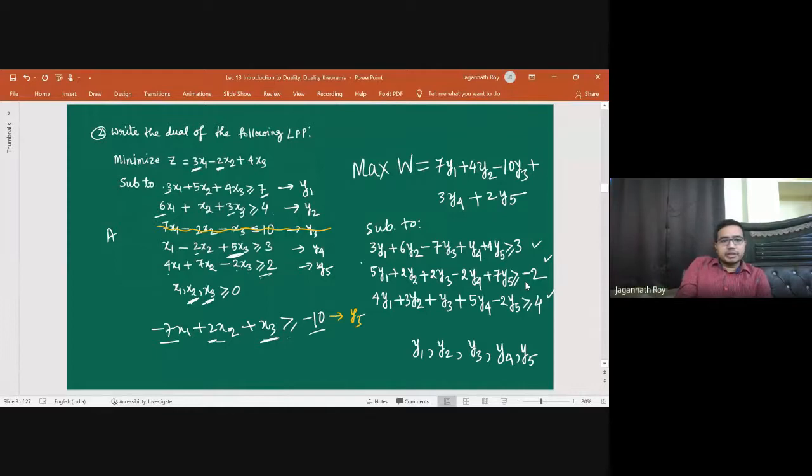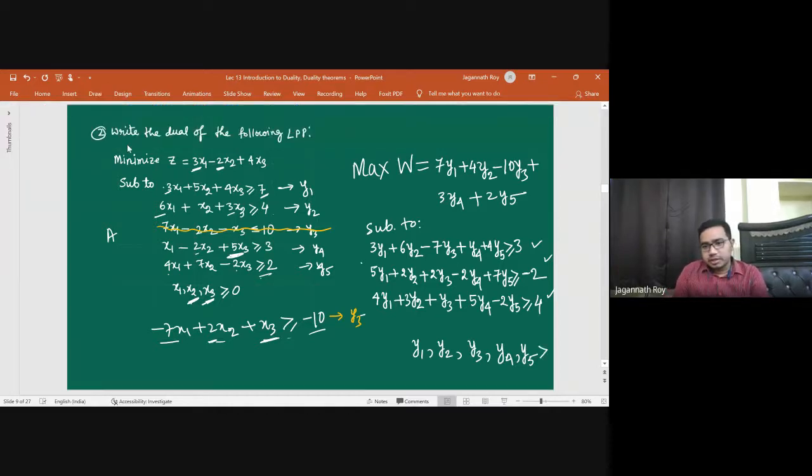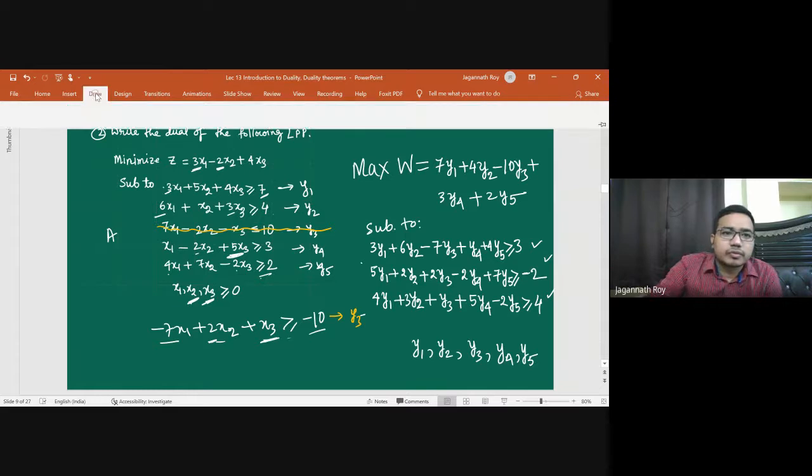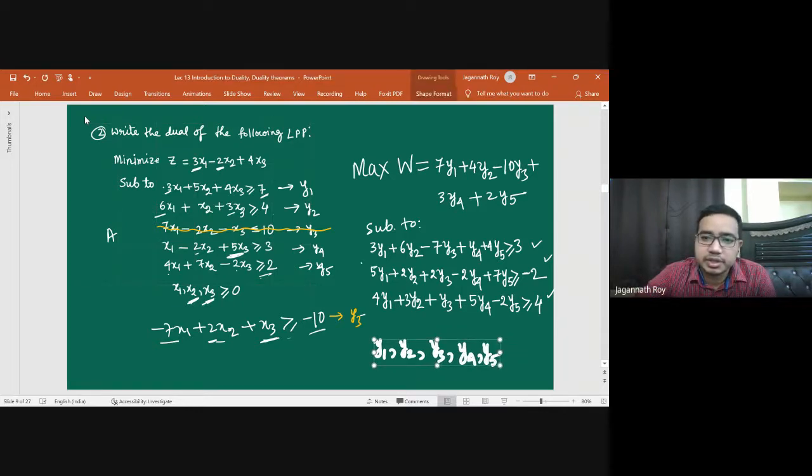So this is a minimization problem, and the relation that I have said, for here, constraints will be greater than type, greater or equal to 0. I will tell you where the confusion is happening.